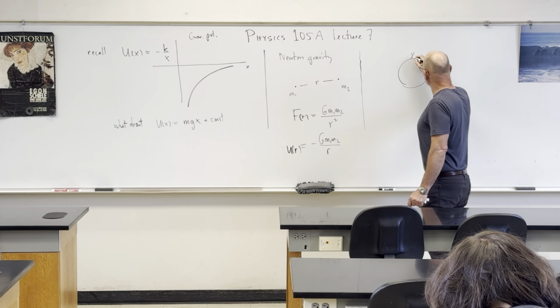Has anybody ever plugged those numbers in on the left side to get 9.8? Let's make that a homework assignment. For the homework, you just look these up in a book. Look up the mass of Earth, the gravitational constant, the radius of Earth, square it, and be amazed that you end up with 9.8 meters per second squared.